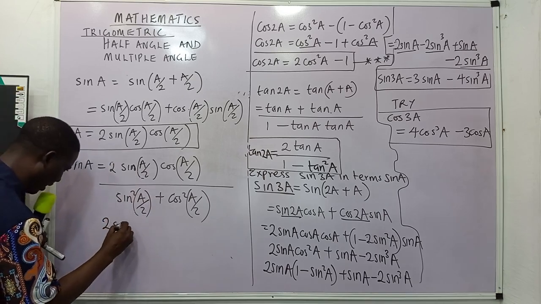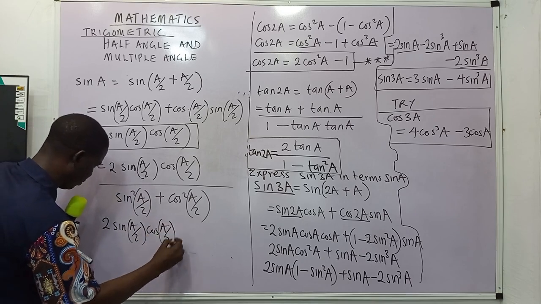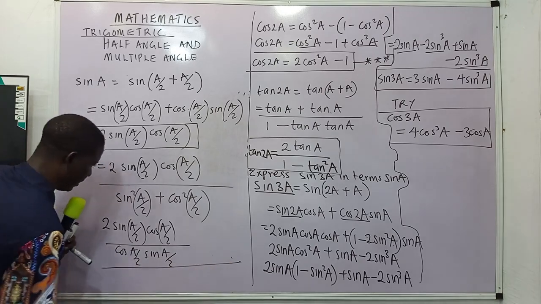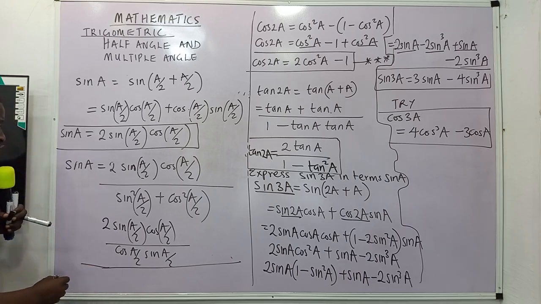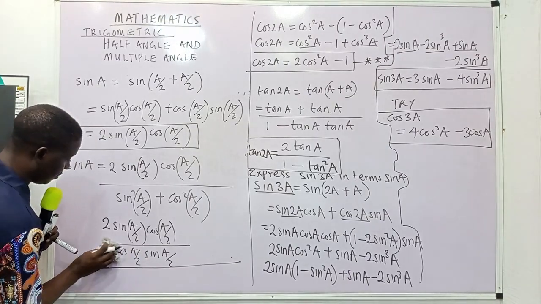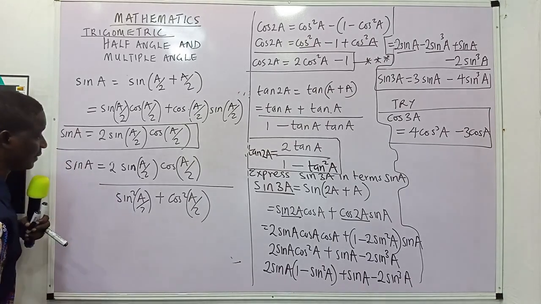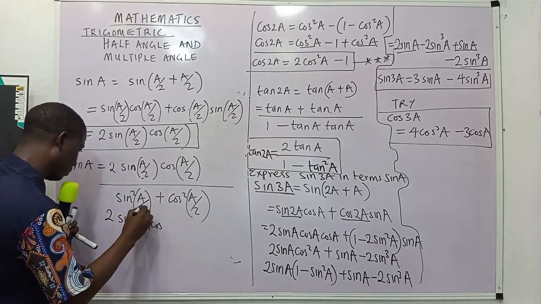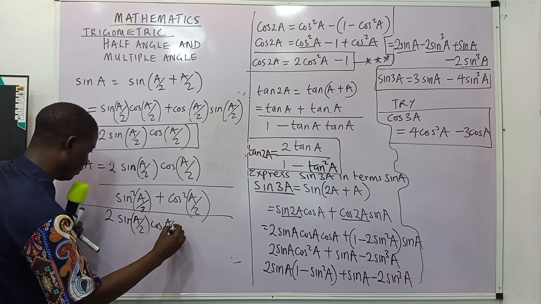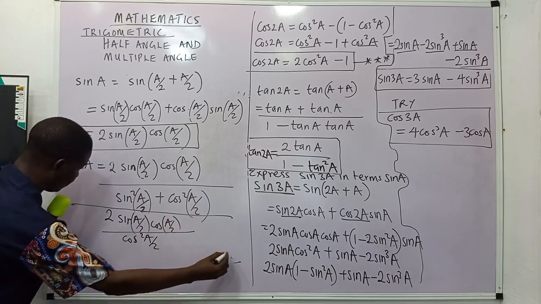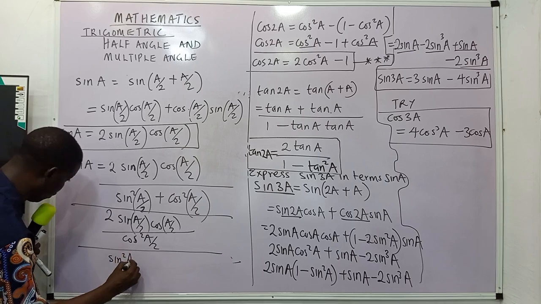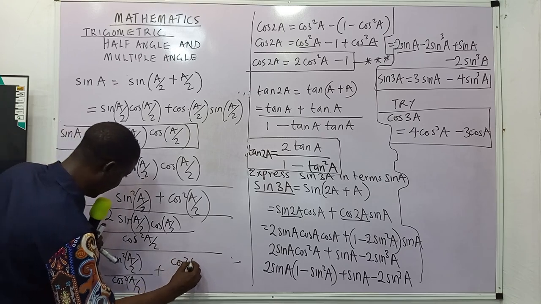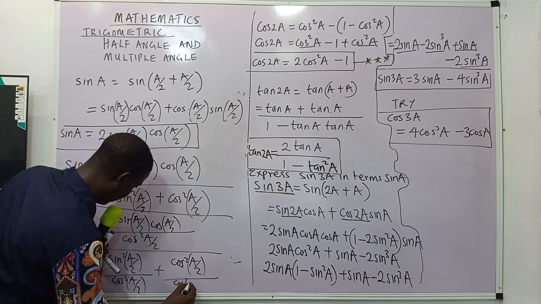So I would have sine A over 2 cos A over 2 divided by cos square A over 2, then sine square A over 2 divided by cos square A over 2 plus cos square A over 2 divided by cos square A over 2.